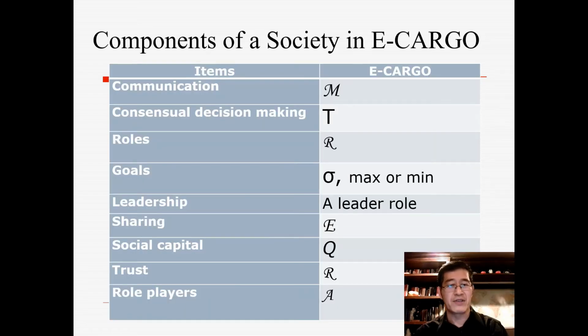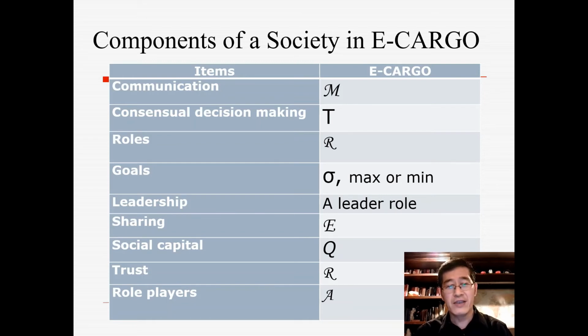We have such components in eCargo: messages for communication, decision making for assignment, roles, and the goal of maximizing the team performance. Actually it is the sum of the individual performance. You can see it's simple, but you can justify it by introducing more factors.